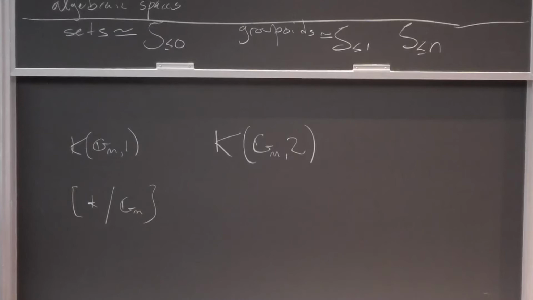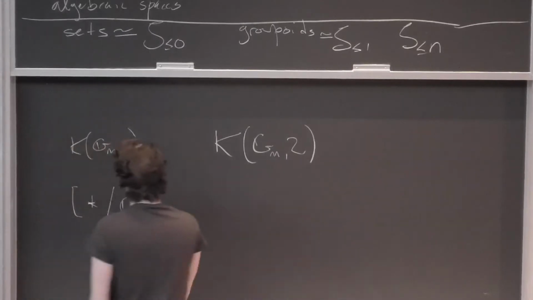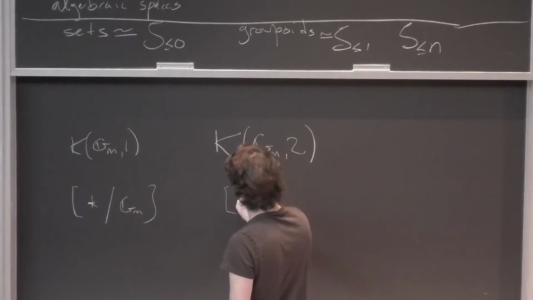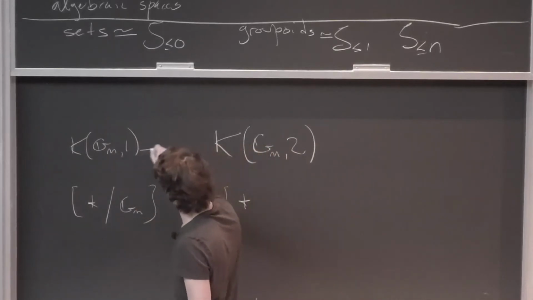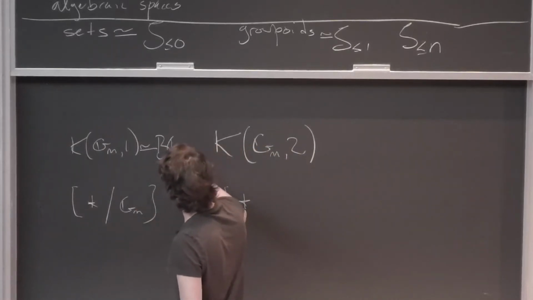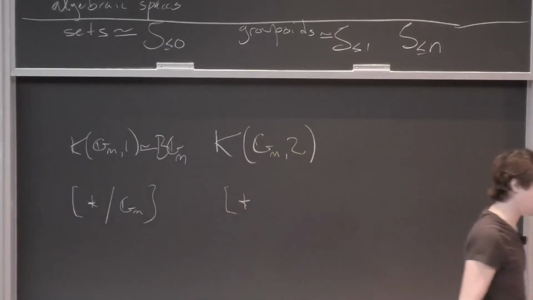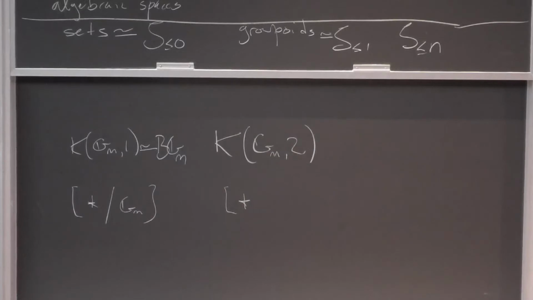So this is like some kind of stack notation. Here, what we can view as this, and then this. So also this often goes by the name of BGM. This is the absolute Picard stack. So mapping into this gives you the Picard groupoid of a scheme.